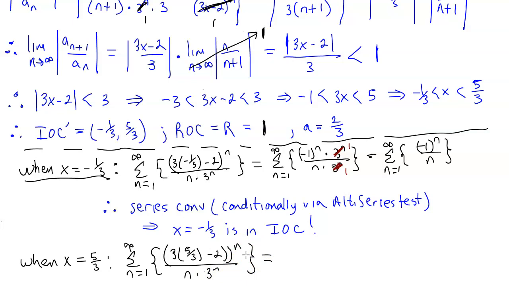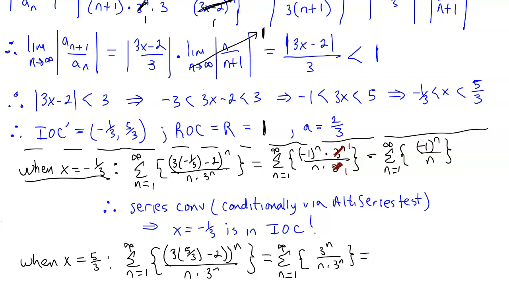So 3 times 5/3 is 5, and 5 minus 2 is 3. So we just have 3 raised to the n over n times 3 raised to the n.